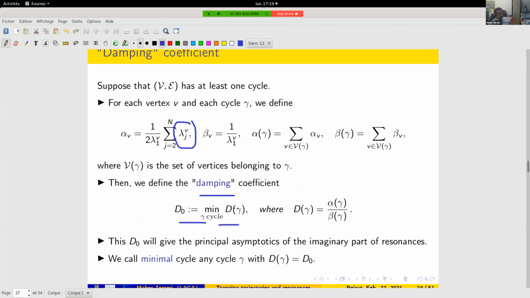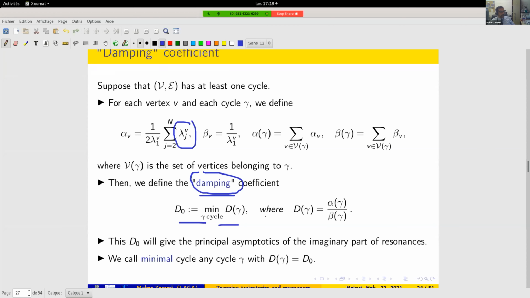I forgot one important thing: the graph here is finite. Why? Because we assume that the lambda j intersect transversally. So between 2 points there is at least one trajectory, no more. And we define D0 as the damping, and we chose the word damping thinking about control theory, and this is very important for later work.